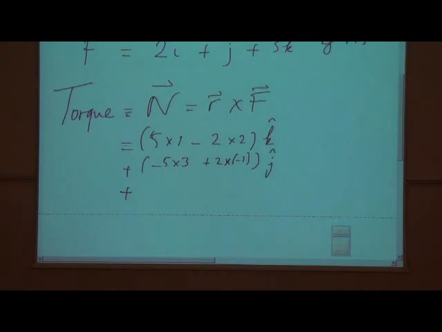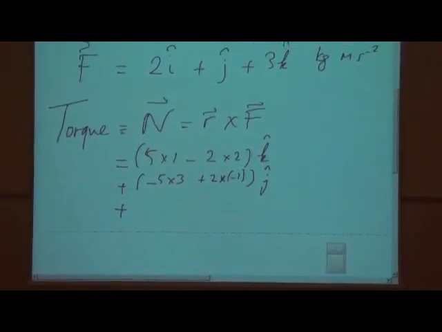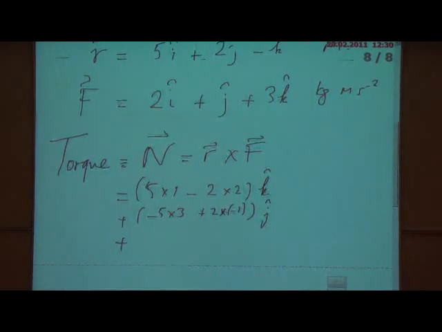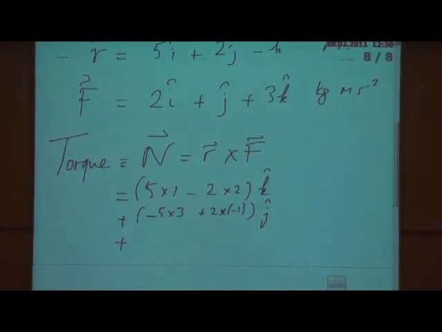And finally, I have now done everything I can with Ij and Ik terms. The only remaining thing is the Jk. Clear? Because I want to have different terms. I can have I's with J's, Ij, Ji, or I's with K's, Ik, Ki, or J with K. That's the only thing that's left to do. Is this clear? Okay.